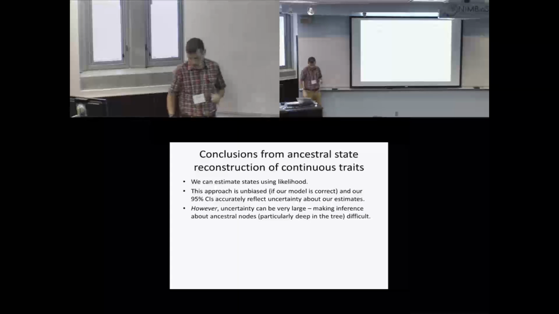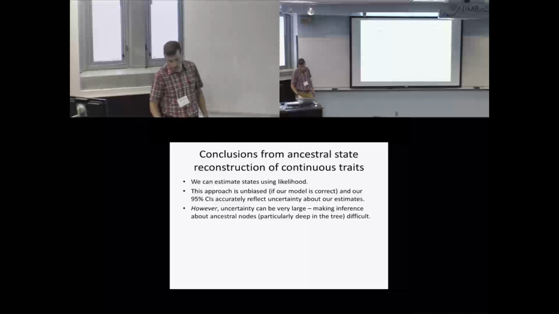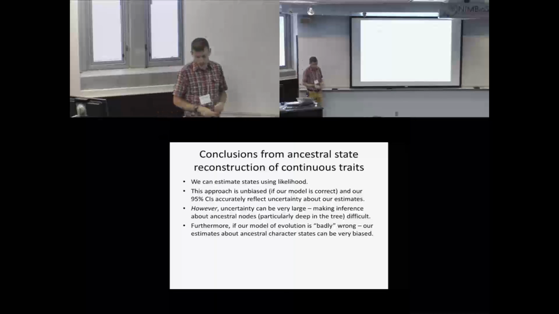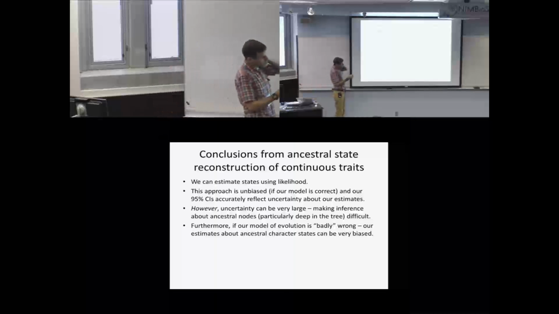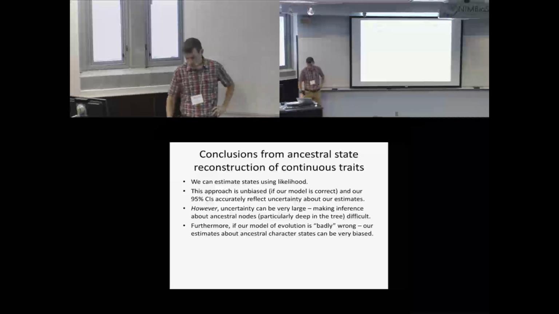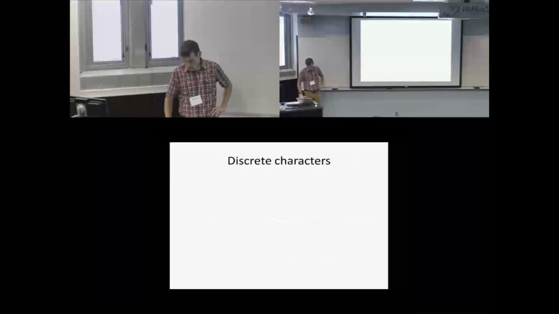So it depends on the structure of our tree a little bit, but uncertainty certainly can be quite large. And then we have this other, more pernicious problem, which is that if the model that we've assumed is badly wrong, our estimates for the states at ancestral nodes can be biased in particular ways.